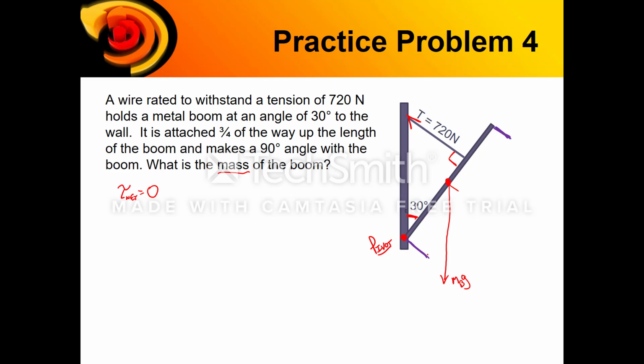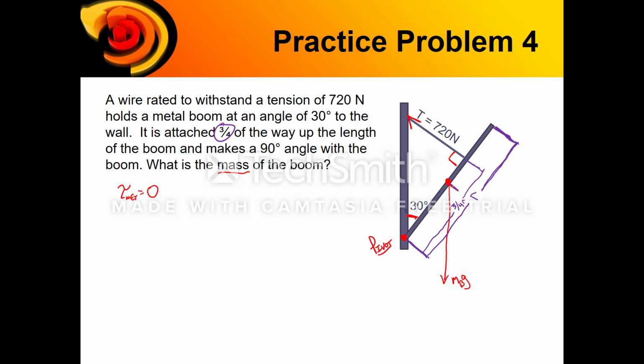So what I'm going to do is say that this entire boom from end to end is going to have a length r. In other words, if I had some force on the end of the boom, which I don't in this case, that radius would be r. Based on the information that I have, the distance from the pivot point to where the tension is attached is 3/4 of the way, so that's going to be 3/4 r.